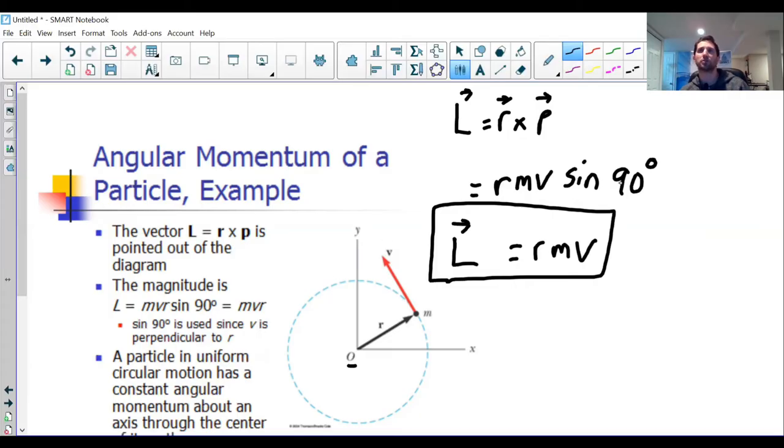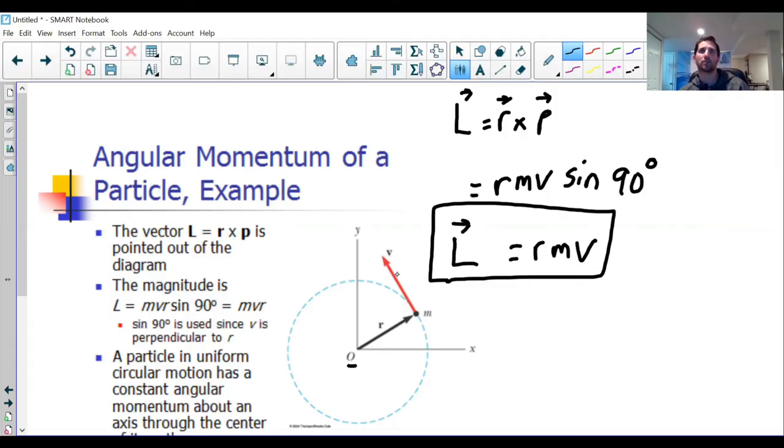We'll take a look at the picture and you'll see why this makes sense. If I draw a line from the origin to where the object is at this instant, it makes this vector r here. So that is the radius of the circle. If I draw a line to describe the direction that the object is moving at that instant, remember, if something's moving in a circle, its velocity is tangent to the circle.